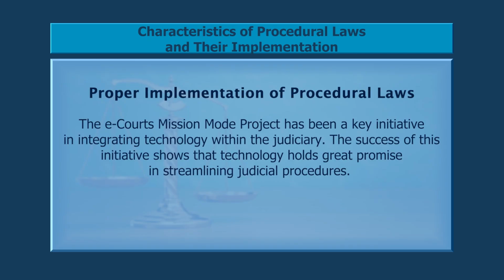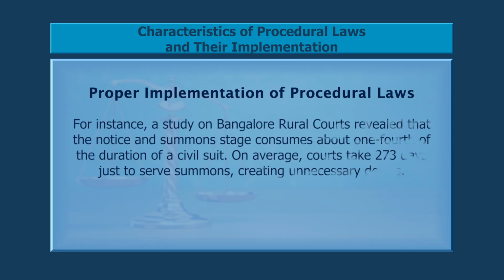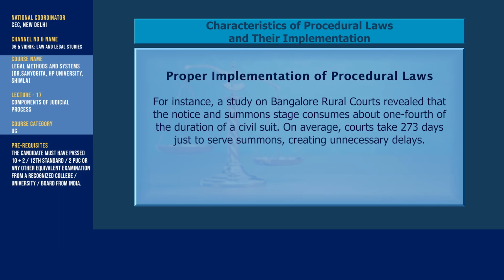The e-court mission mode project has been a key initiative in integrating technology within the judiciary. The success of this initiative shows that technology holds great promise in streamlining judicial procedures. For instance, a study on Bangalore rural courts revealed that the notice and summons stage consumes about 1/4 of the duration of a civil suit.